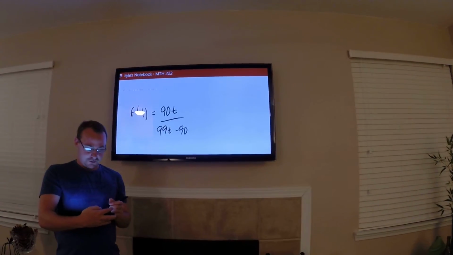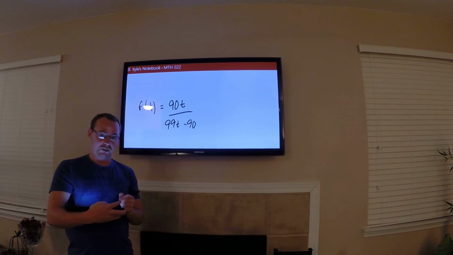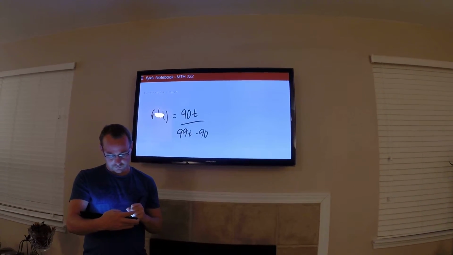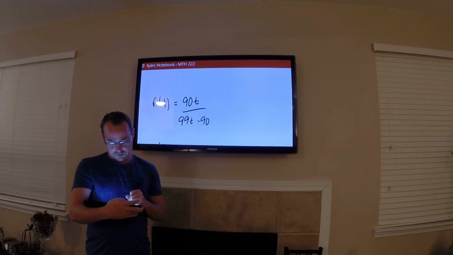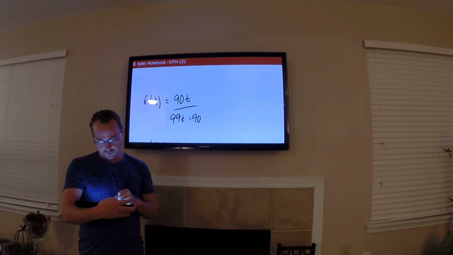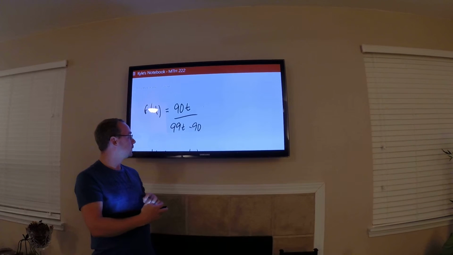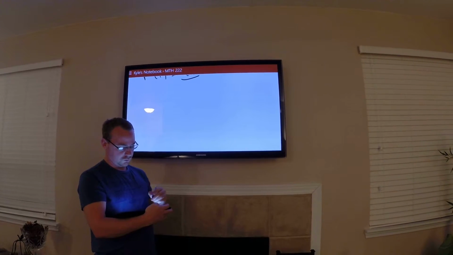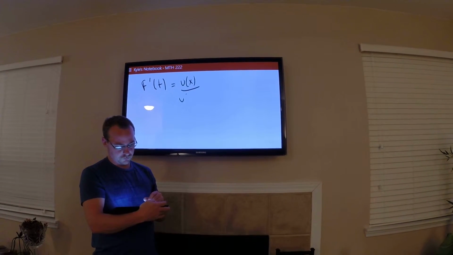In order to do that, we basically split this function into two separate functions, because the derivative of f of t is equal to a function u of x over v of x.